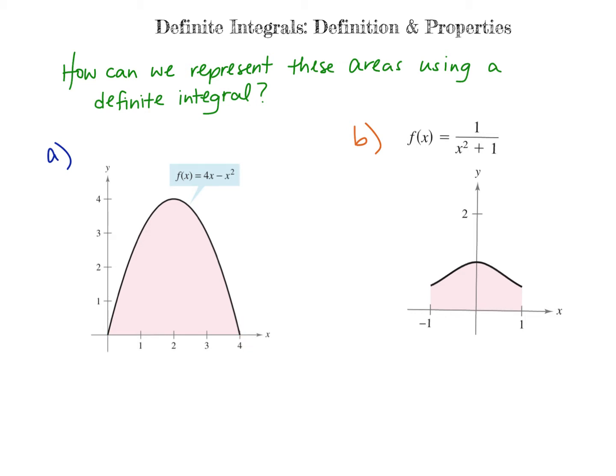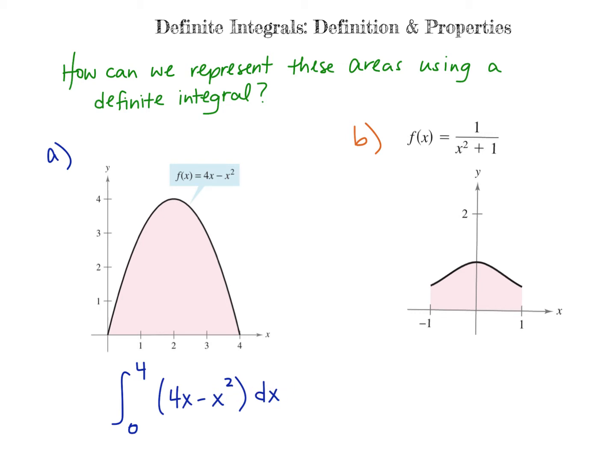So the way that we can write this definite integral is that it is the definite integral from 0 to 4 of our function f of x, which is 4x minus x squared. Then our variable here is clearly x, so we'll write dx. Note, if this was f of t equals 4t minus t squared, we would simply have t's here, and this would be dt.